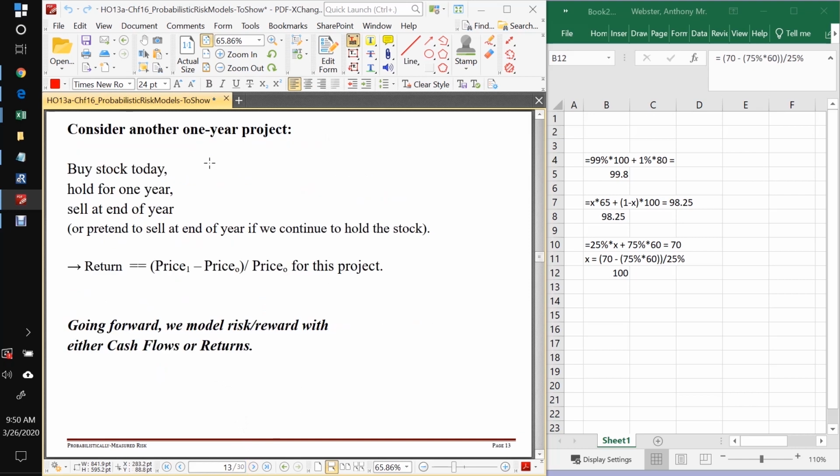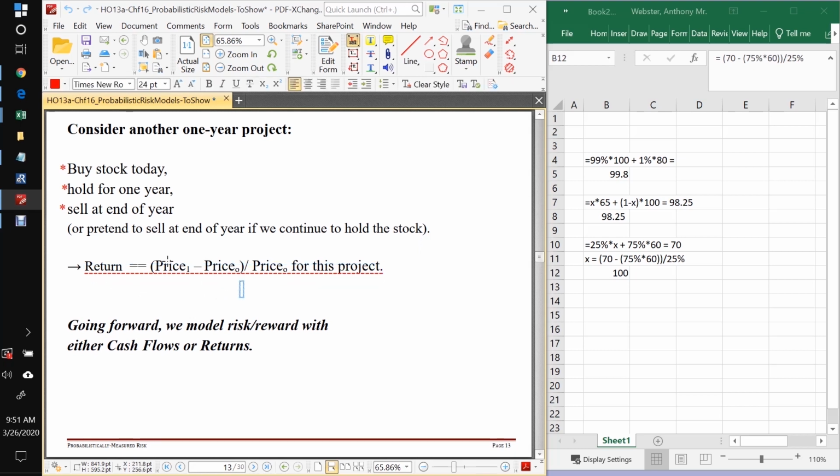So let's consider another 1 year project. Let's consider we buy a stock today, we hold for 1 year, and we sell at the end of 1 year. Or if we think we're going to continue to hold the stock beyond that, we will pretend that we're selling at the end of the year. Okay, so in this case, it's pretty easy to compute the return for this project.